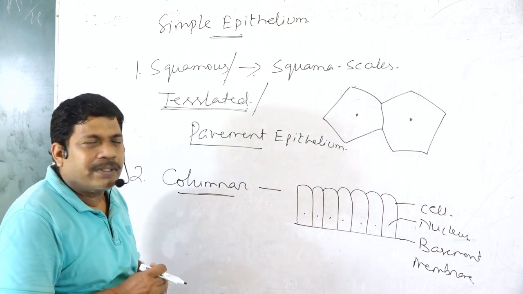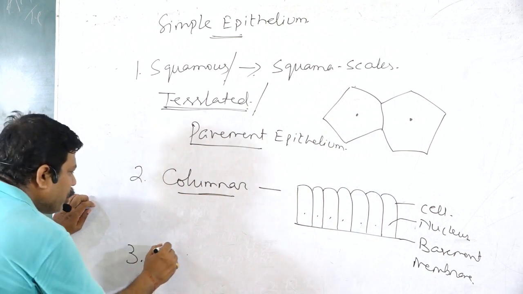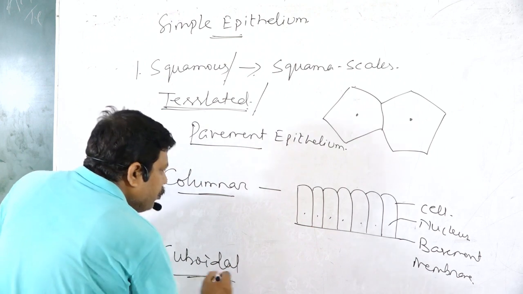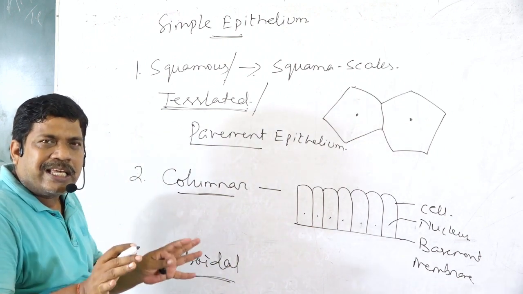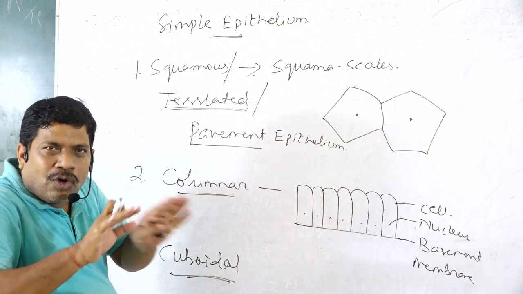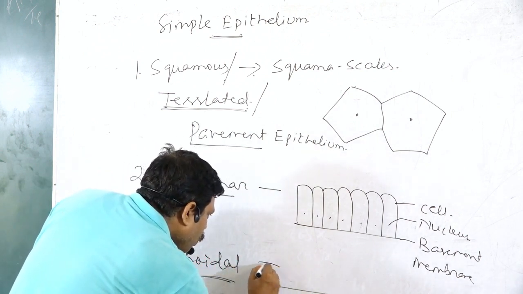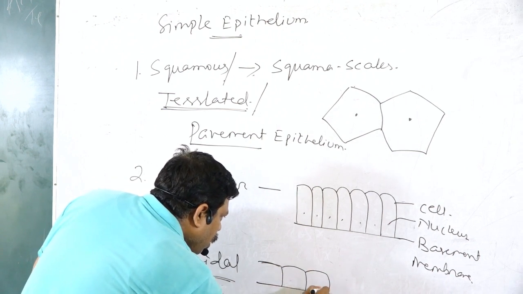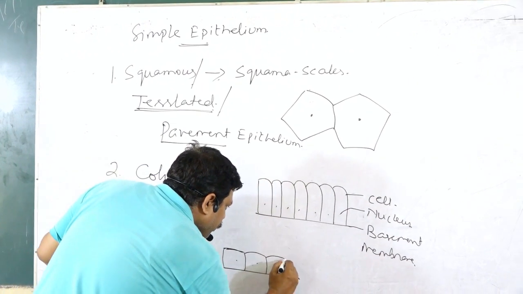This is columnar epithelium. Then the third type is cuboidal epithelium. In this type of epithelium, the shape of cells is just like a cube, where length, breadth and height are all the same.